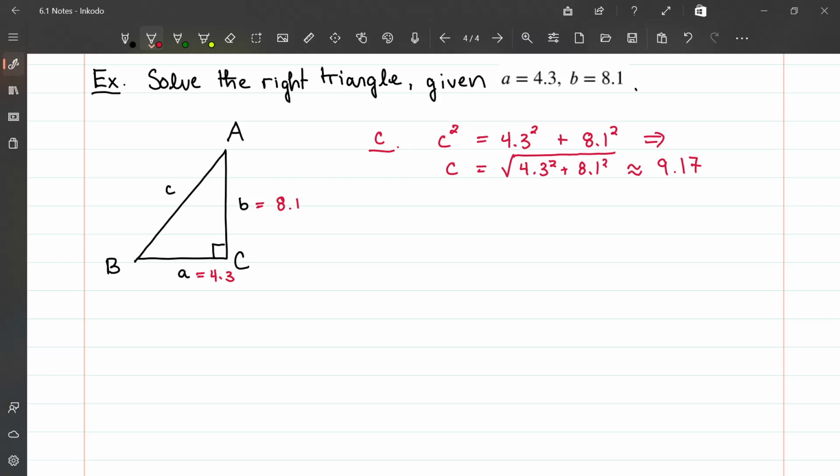Okay, now we need to get one of the angles, B or A, and I feel really awful making A stand at the top of this triangle all this time, so I'm going to go ahead and get A next. Now you might be thinking to yourself that kind of like last time, what I could do is use sine or maybe cosine. After all, if I wanted, I could say, okay, the sine of this angle here at big A would be the opposite over the hypotenuse.